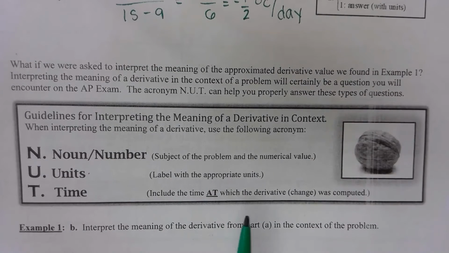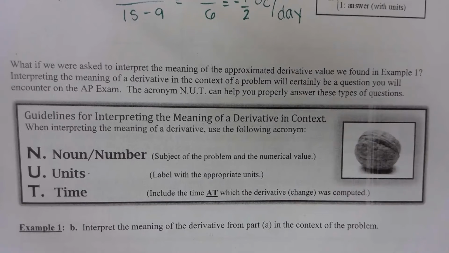The noun in this case is the numerical value. So you can never be asked to indicate a unit of measure without having a number. So even if you don't know how to get the number, but you know the units, just throw any number in front of the units so that you get credit for the units. Does that make sense? Okay.